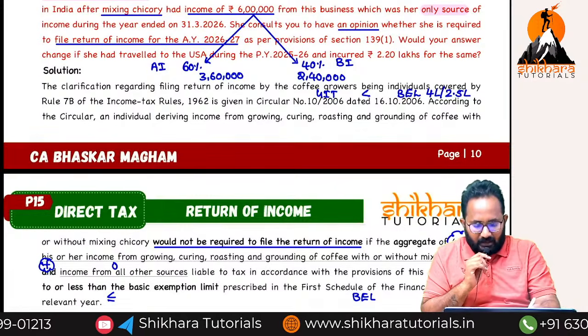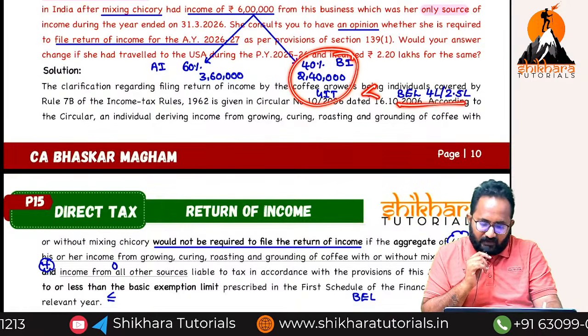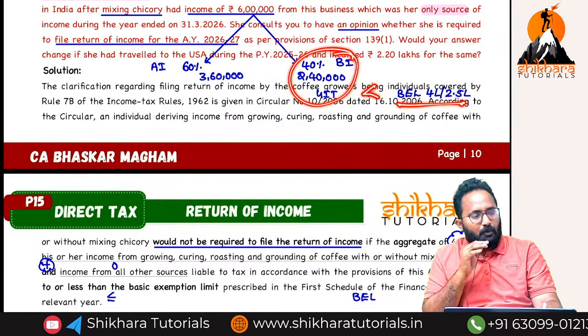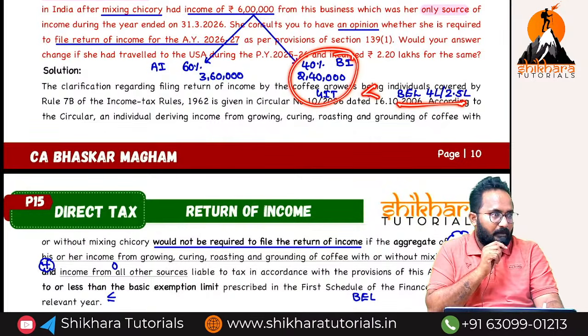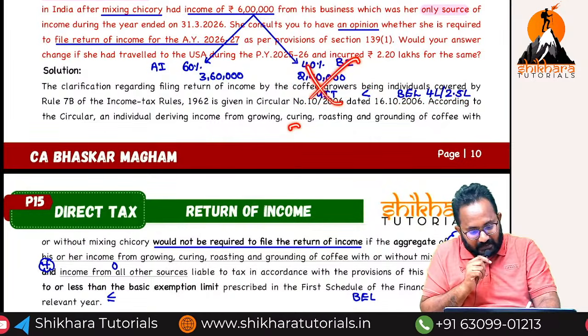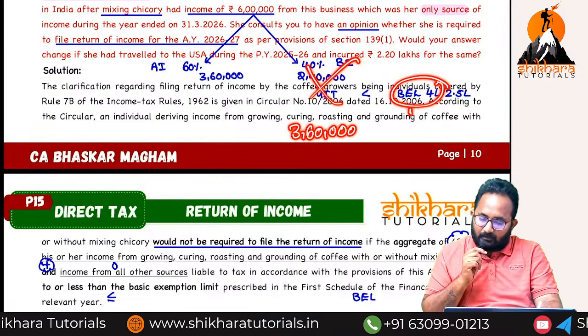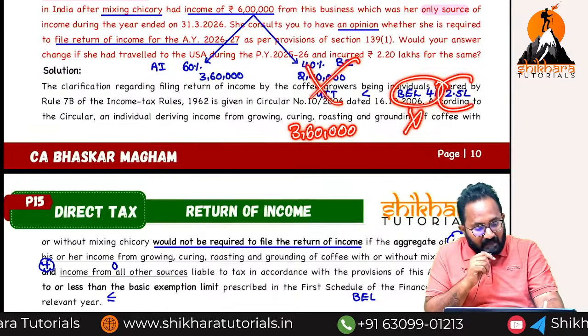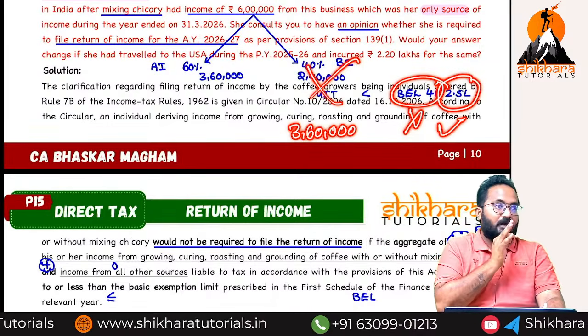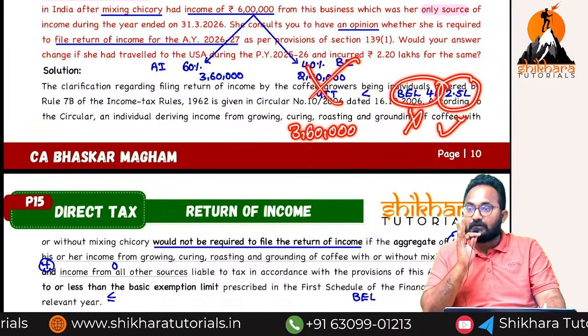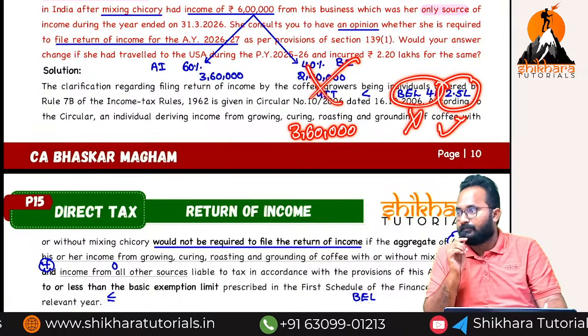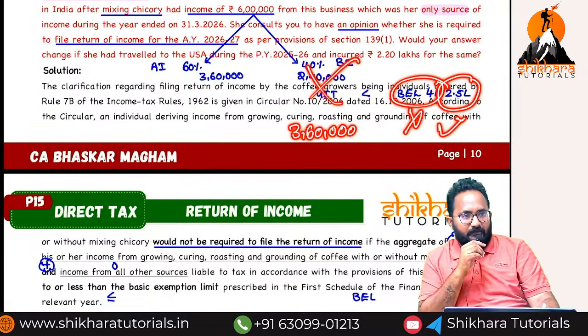But luckily, here we got less than everything, so in both the regimes it is not required. But if that answer is 3,60,000, then in the default tax regime, not required; in normal tax rates, definitely he is required to file. Both the answers you should write down in an exam. Understood? Next.